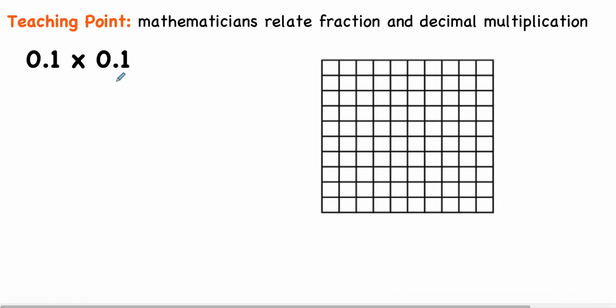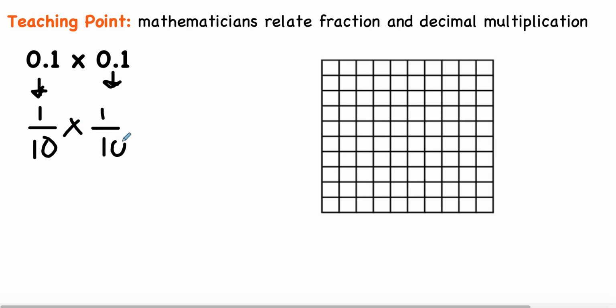Okay, now we're going to do a decimal by a decimal, but we're still going to be thinking of it as both fractions and decimals to help us solve it. So I want to do 1/10 times 1/10. I can rewrite both factors as fractions. So 1/10 times 1/10.